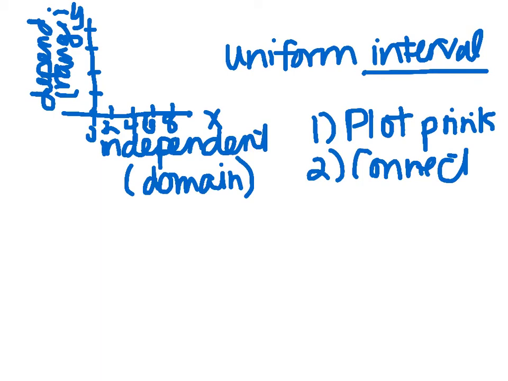So let's say your points are here, here, here, here, and here. Then your broken line graph would look like this. Okay? So first thing when you're making a graph, you need to sketch it out, look at the data and figure out your interval. And then when you're doing a broken line graph, you want to plot your points and then connect them.